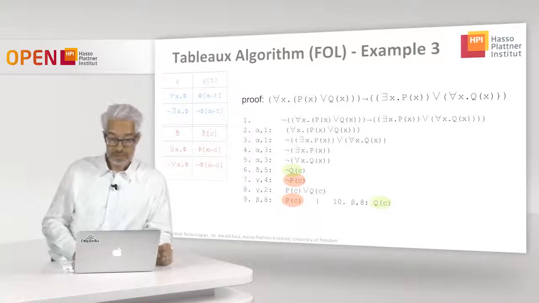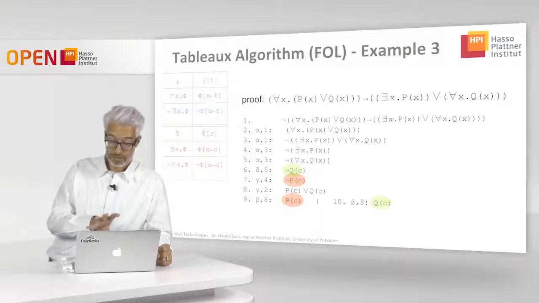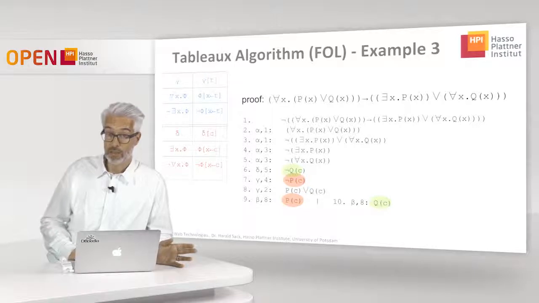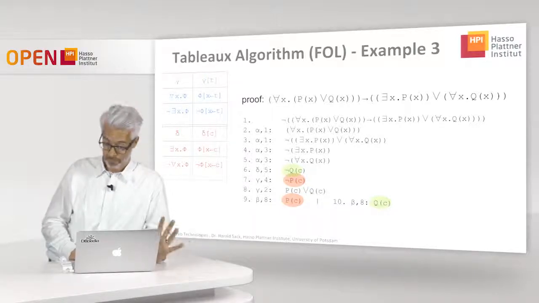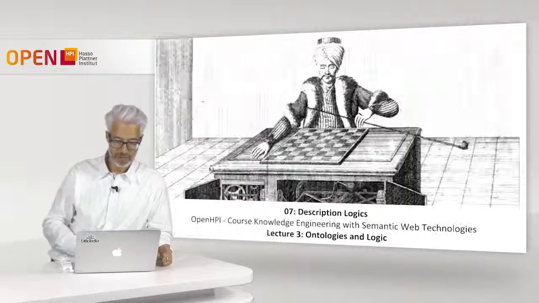So this is an example for applying the tableaux algorithm for first order logic. Of course, it's more difficult than for propositional logic simply because you have to take the quantifiers into account. But we will do this in the exercises and you will definitely learn how to do that.